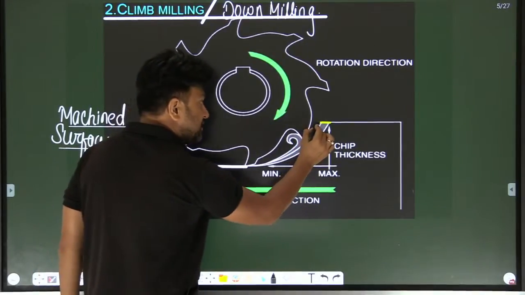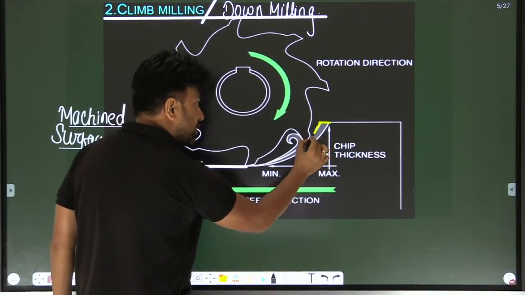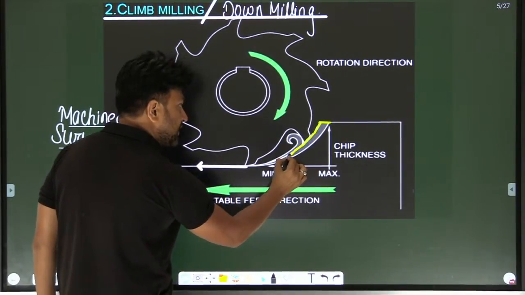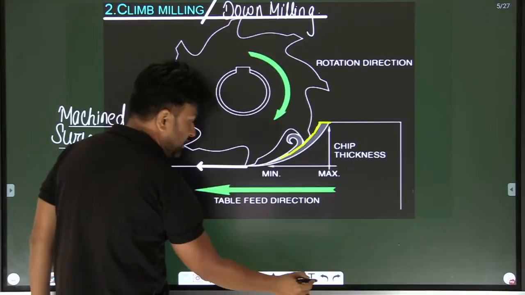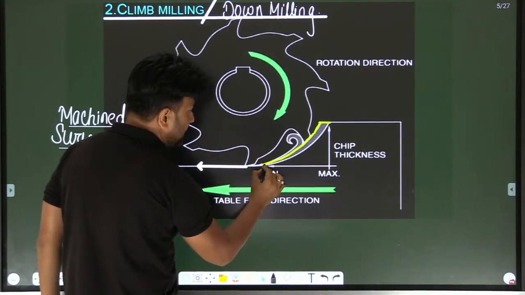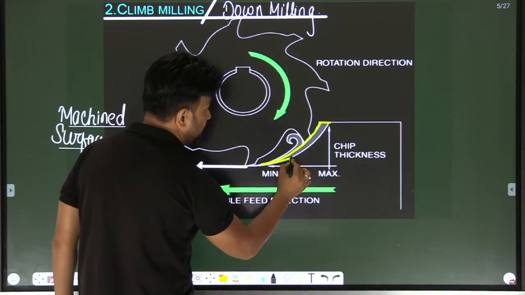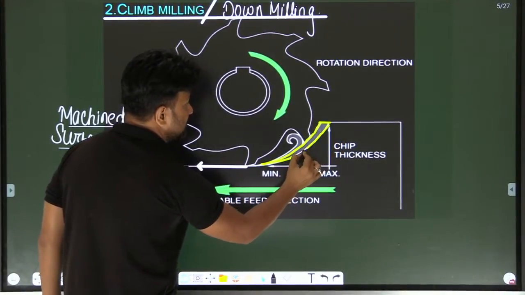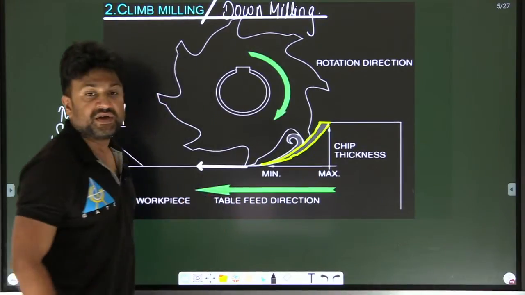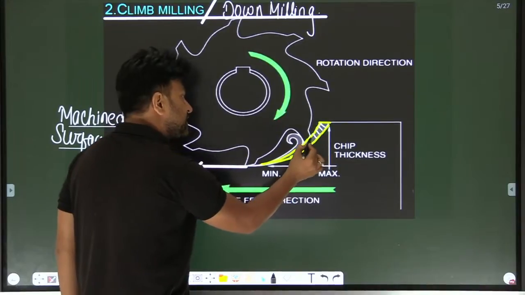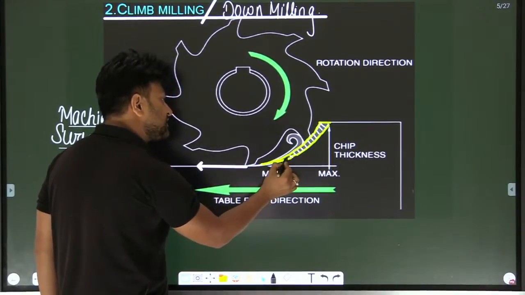When you go in the downward direction, then what happens? Look, this is the uncut chip thickness.